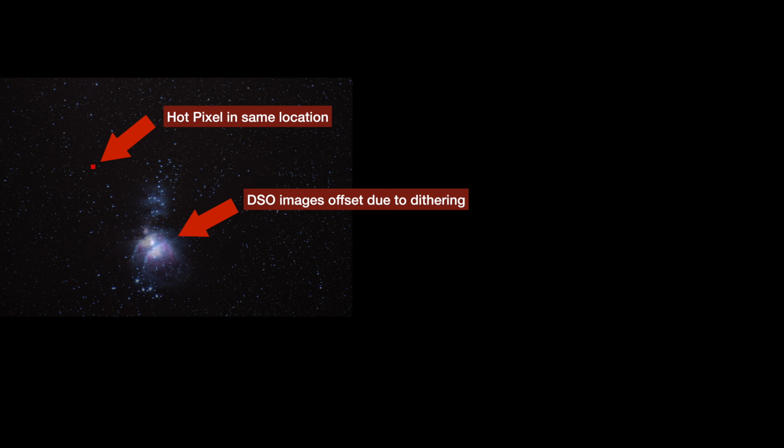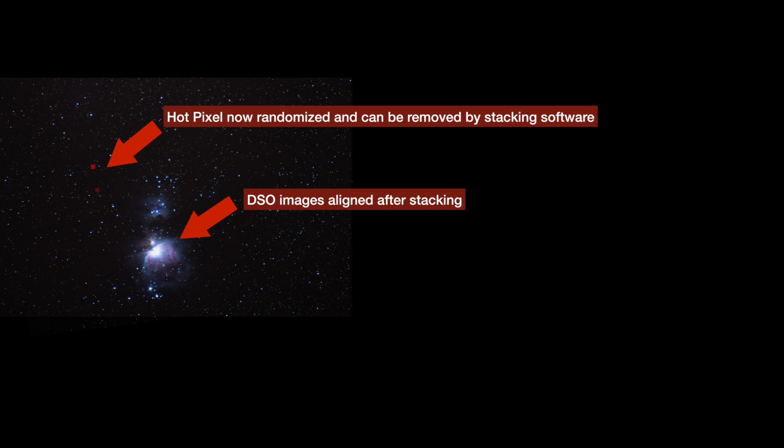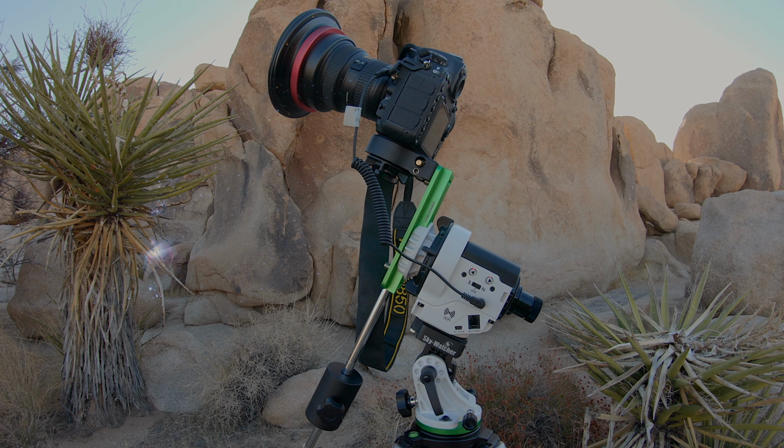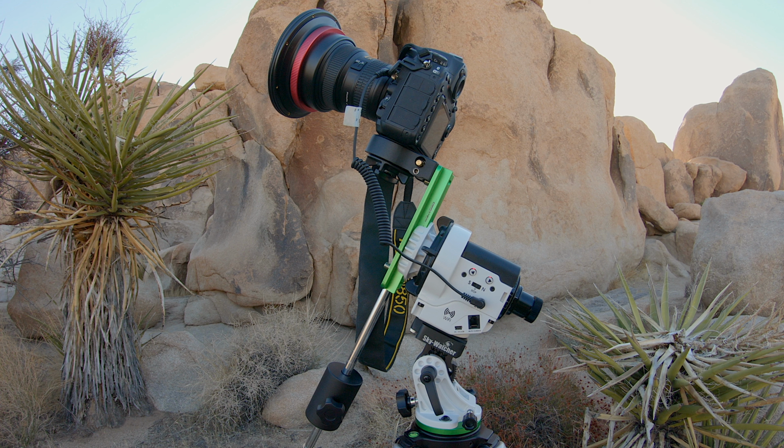So when you align those DSO images in your stacking software, the DSO now gets aligned, but because you have moved the frames to align the images, the hot pixels, cold pixels, and the fixed pattern noise will now actually get randomized. And so now your software can remove these pixels and artifacts from the final image.